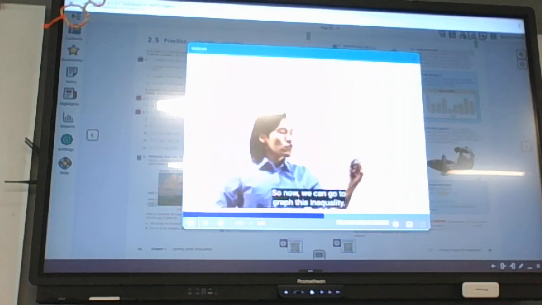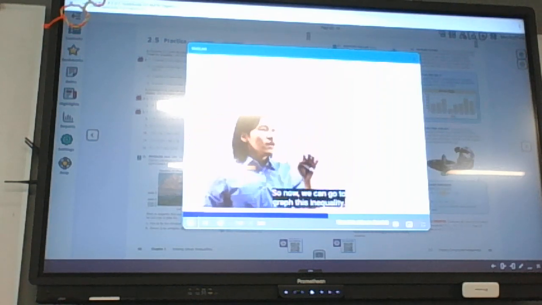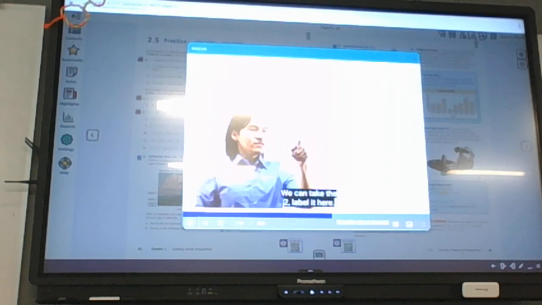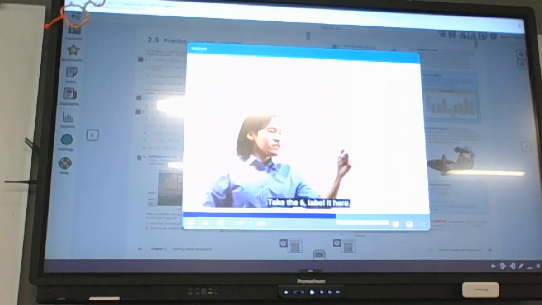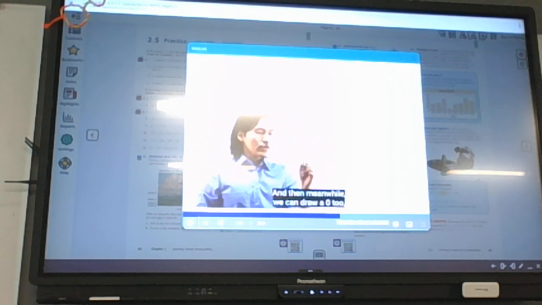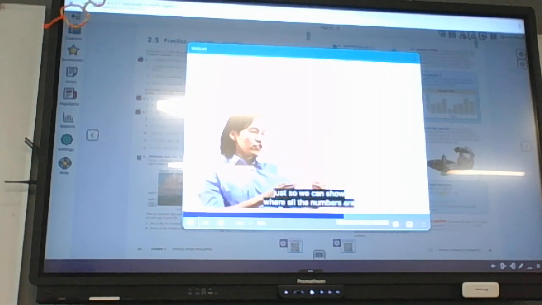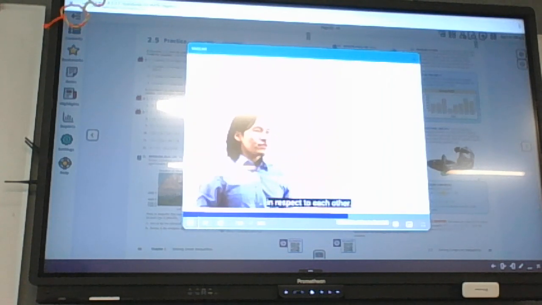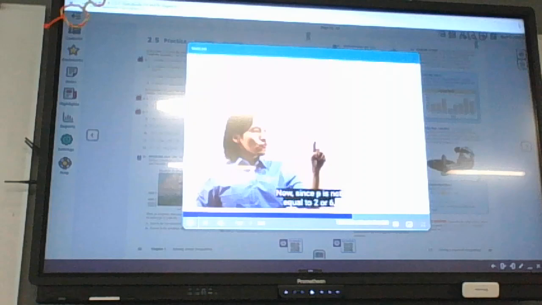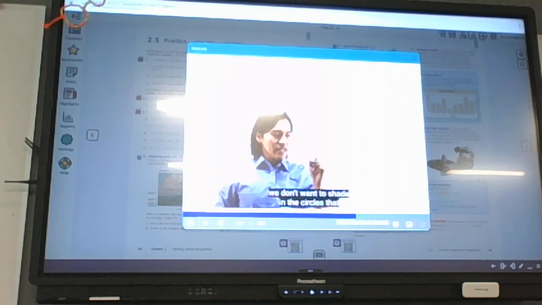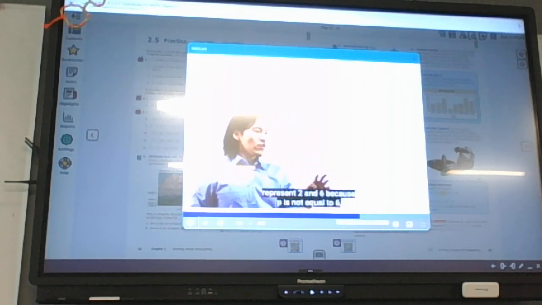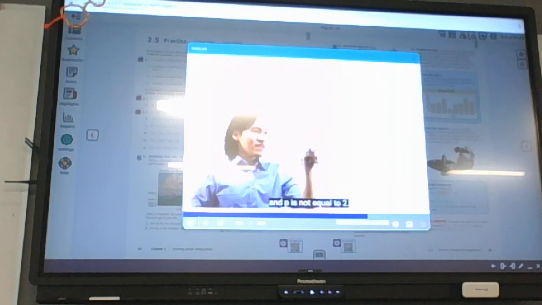So now we can go to graph this inequality. We can take the 2, label it here, take the 6, label it here, and then meanwhile we can draw a 0 too, just so we can show where all the numbers are in respect to each other. Now, since p is not equal to 2 or 6, we don't want to shade in the circles that represent 2 and 6, because p is not equal to 6 and p is not equal to 2.